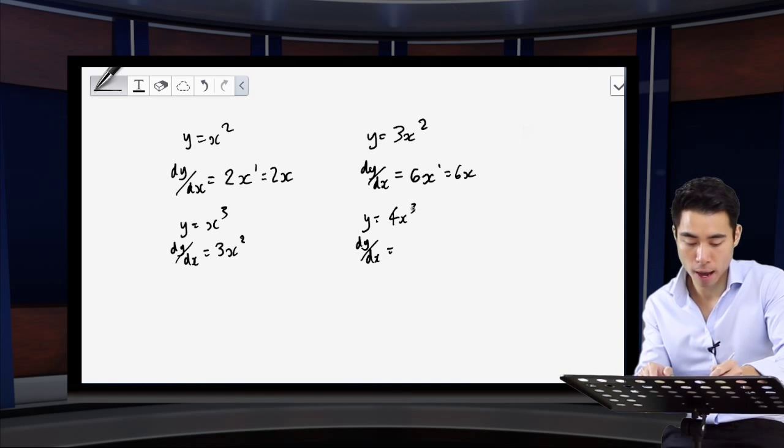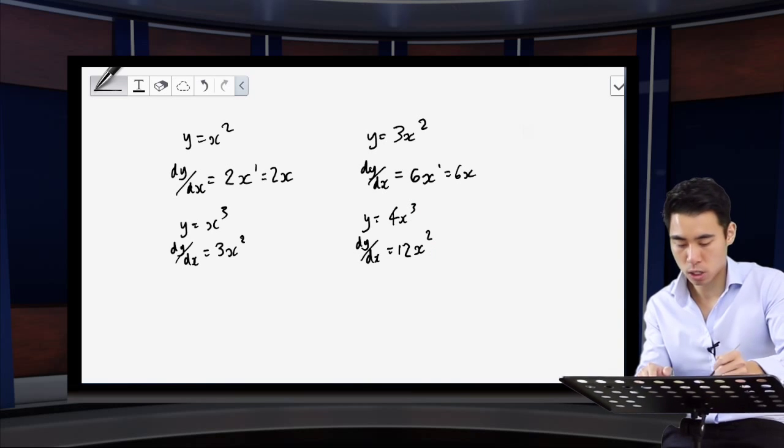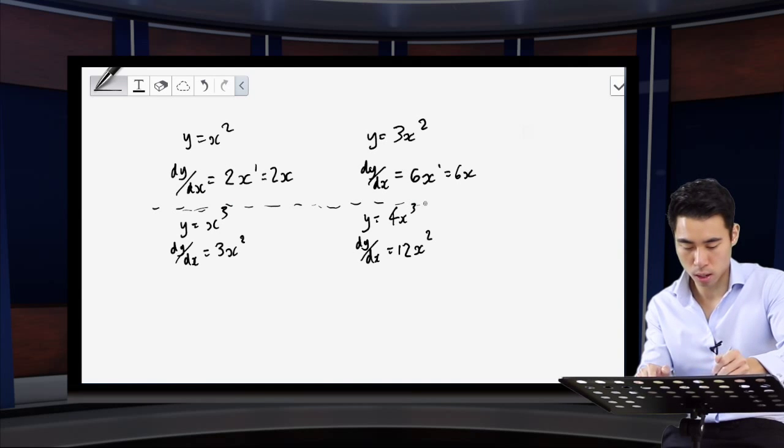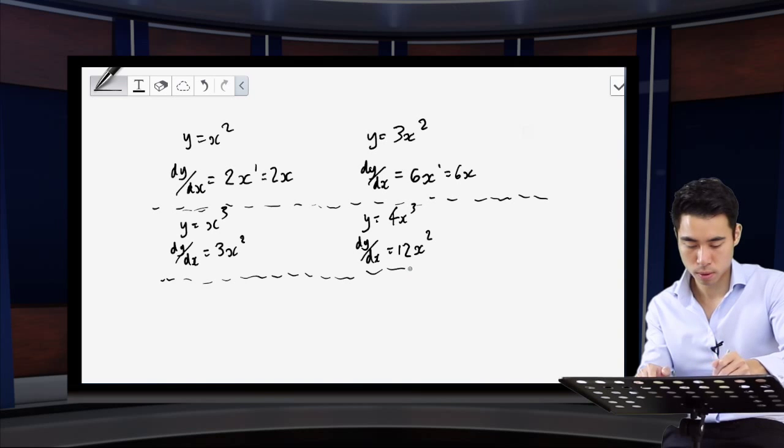Essentially, I need to combine that 3 with my coefficient there already. So 3 times 4 gives me 12x, and reducing that power by 1, 12x squared. Just going to put a dotted line to delineate our different examples.